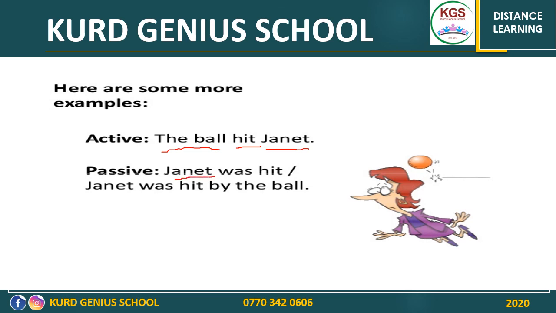Janet, and the tense is past and Janet is singular, so we used was hit. Hit is the past participle of the verb hit, it doesn't change. Or you could say Janet was hit by the ball. When you want to say what caused the action or who did the action, you can use by and the agent.